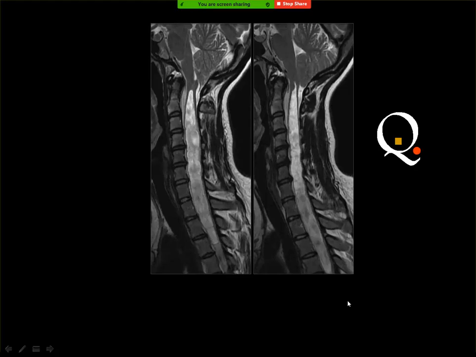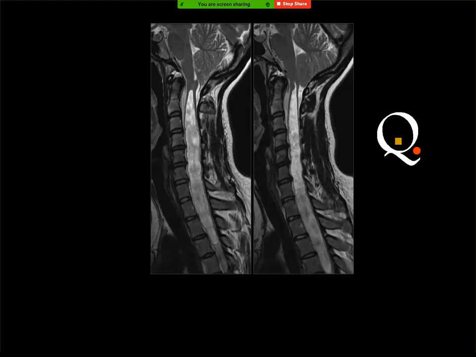Intramedullary lesion. What do you think? Ependymoma. No, it's a long segment, extensive lesion. Astrocytoma. But for astrocytoma, you should have a solid component and a cystic component.